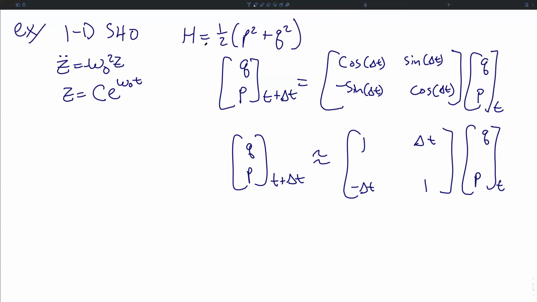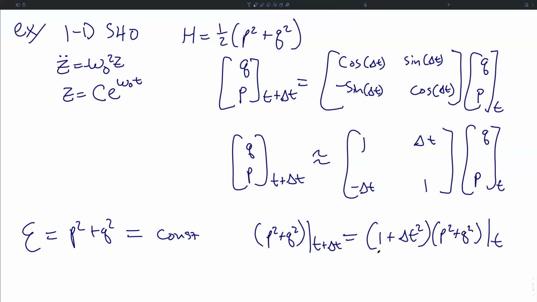This is a strictly Hamiltonian system, and so our Hamiltonian is equal to the energy, and that means that the total energy, to within some constant factor, can be written as p squared plus q squared, and must be constant. For this first-order approximation, if we write out p squared plus q squared at t plus delta t, we'll find that it will equal 1 plus delta t squared times the original p squared plus q squared at t.